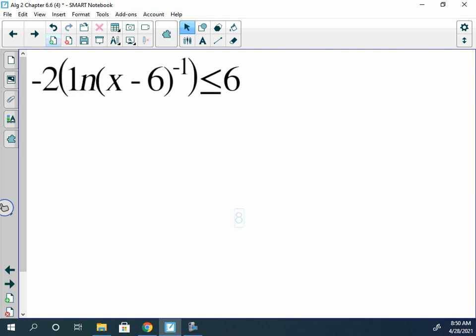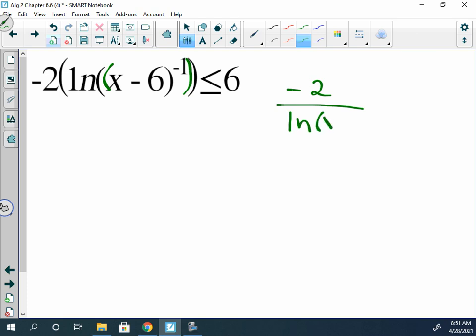Now, this here is especially the reason I was talking about the parentheses. We're going to treat this -1 as being the power on the x minus 6. So if we're being particular, it would actually have to be written this way with an extra set of parentheses. Because without that extra set, what we're looking at is this here, because we'd be moving it down, which would change our answers completely.